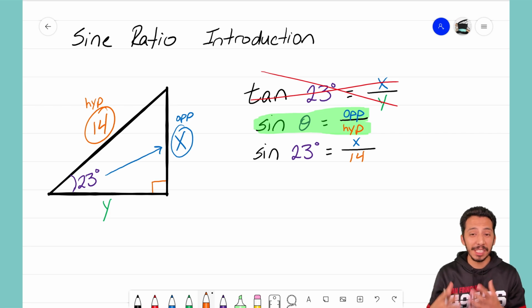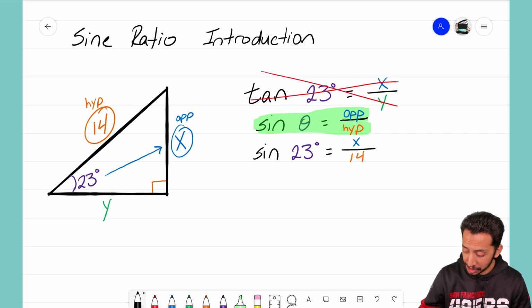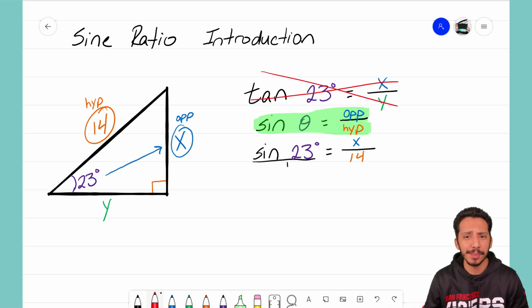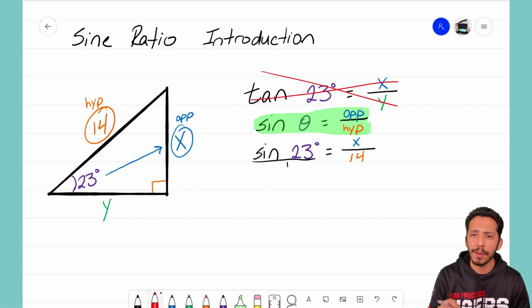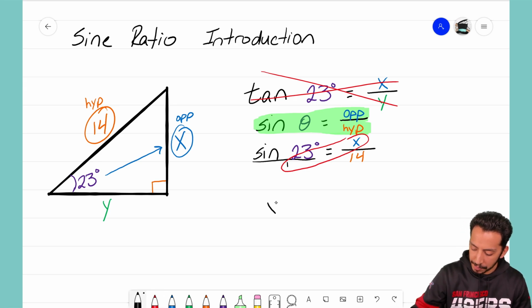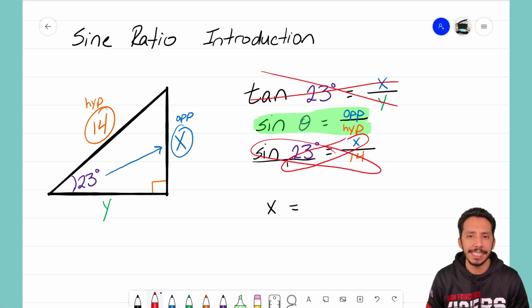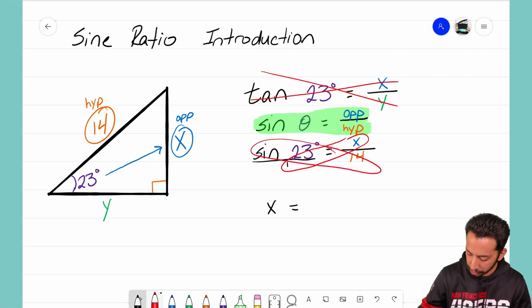This is very similar to the way we solve a tangent problem. I'll put that left side over 1, cross multiply, and solve for x on its own. So 1 times x becomes x, equals, cross multiplying the other two, 14 times sine of 23 degrees.